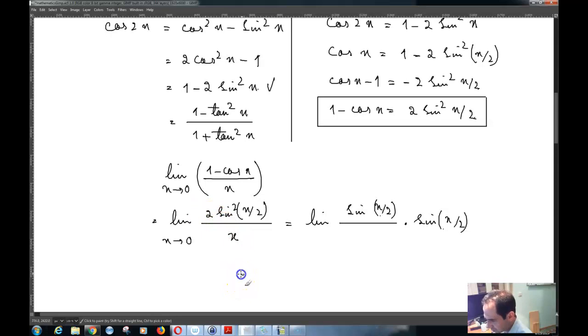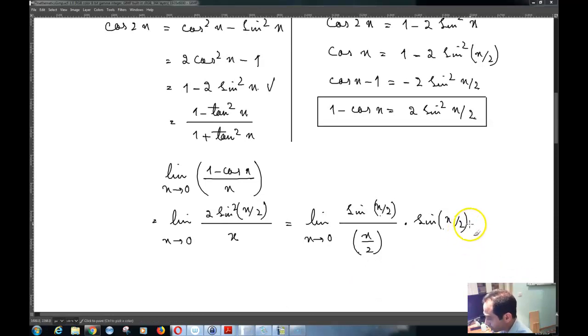So 2 divided by x, you can write as 1 over x divided by 2. I bring it to the denominator, so I write it as x divided by 2, as x tends to 0.